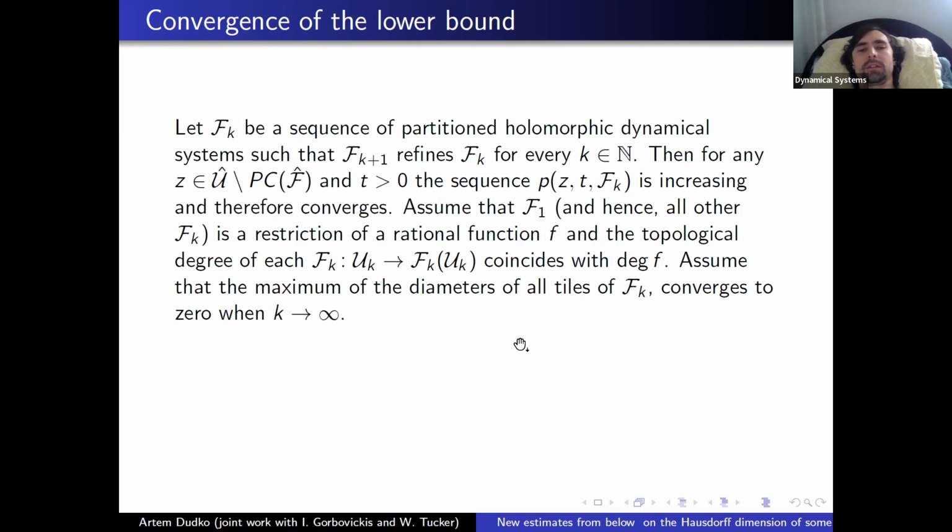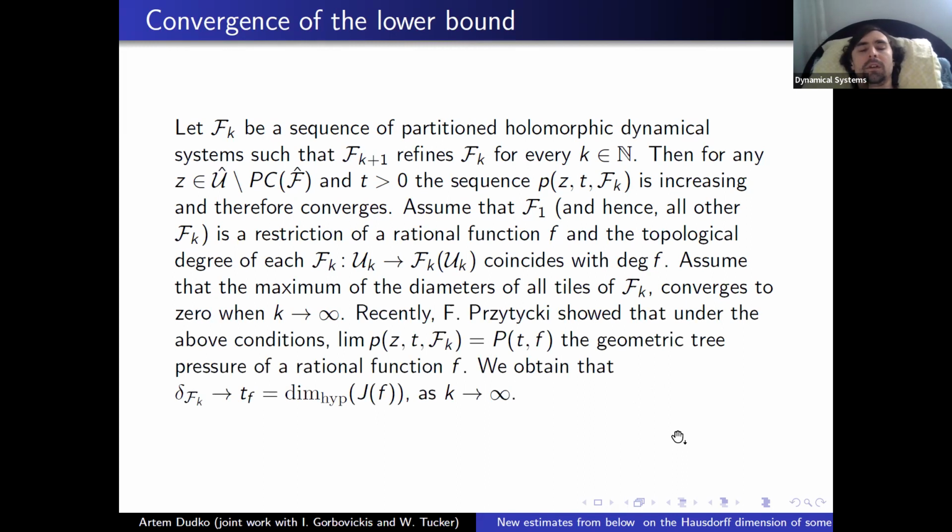Assume additionally that the maximum of the diameters of all tiles converges to 0 when k goes to infinity. Under this condition, Felix Przytycki showed recently that the limit of these lower tree pressures coming from Macmillan's matrices converges to the true geometric pressure of the rational function f.